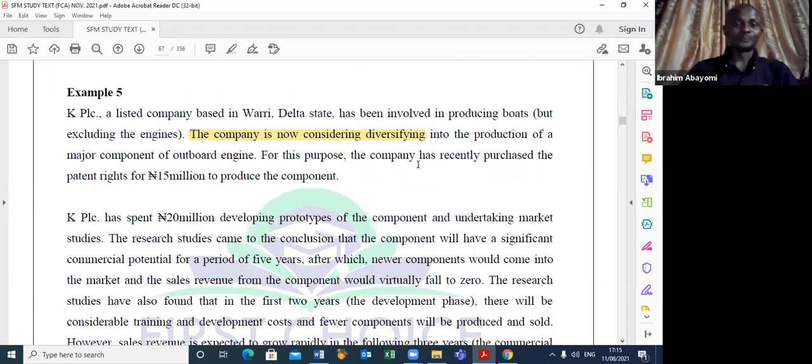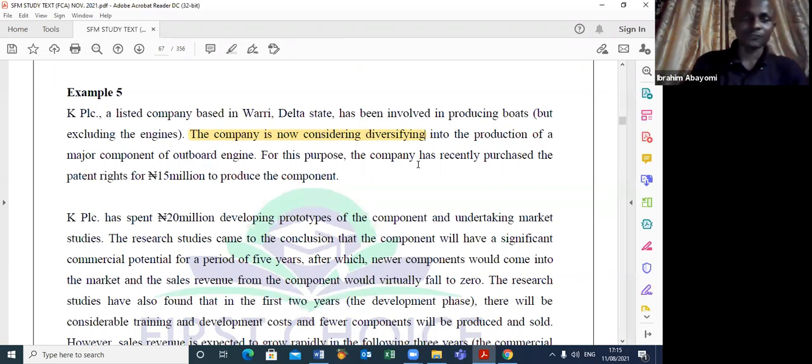So let us continue. The company is now considering diversifying into the production of a major component of outboard engine. For this purpose, the company has recently purchased the patent right for 15 million to produce the component. That is paragraph 1. In paragraph 1, the information I can pick here is that the company is diversifying. And the second is that the company has purchased a patent right for 15 million naira for this project. Now, how do I classify the patent right?